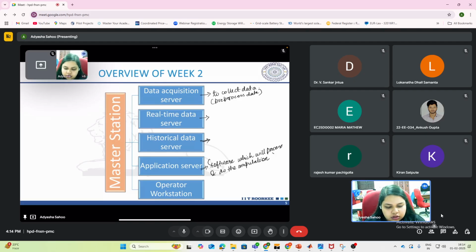So this is the application server, and the operator workstation is basically where an operator is present, a human, who will take the decisions depending upon the results from the application server.